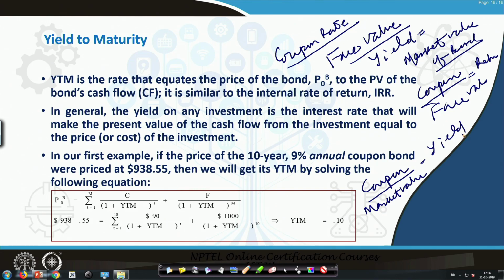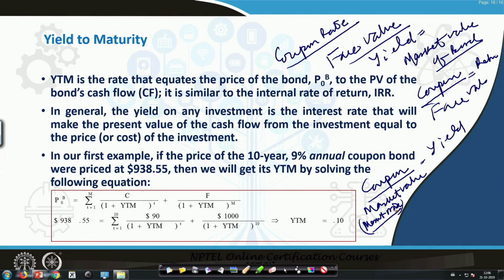So, yield is always considered with respect to the market value or the market price, the price of the bond. The coupon upon the market price will give you one type of yield, that is called the coupon yield. Sometimes we call it the current yield.